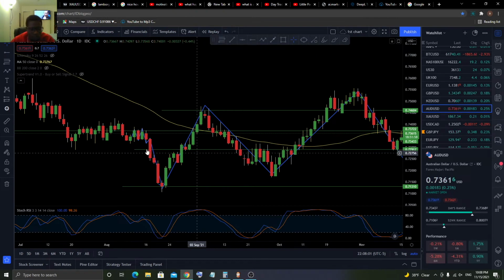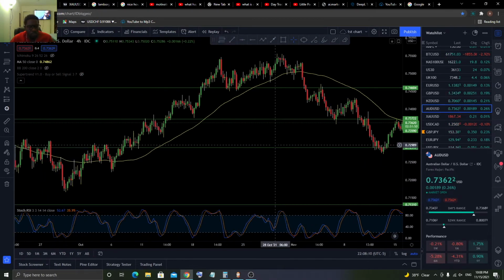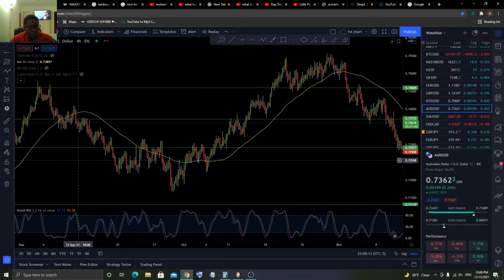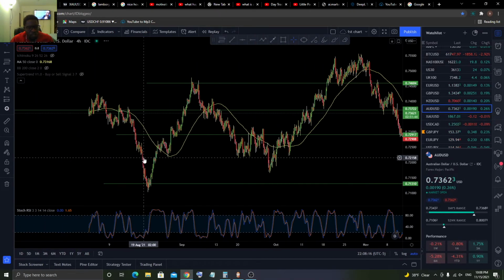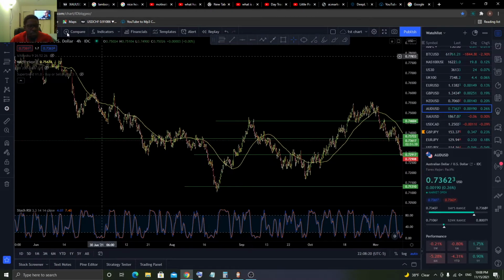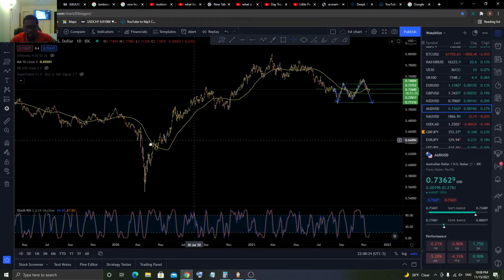Price never moves without a double tap. Look at how nice was this double tap. Let me go into the 4 hour so you can see it clearly. You can see what I'm trying to tell you. What is this trend? Oh no, let me go into the daily, and then I'll bring back my color sometime.